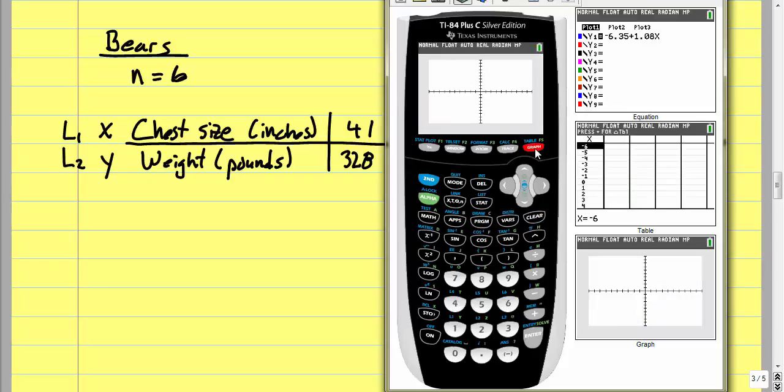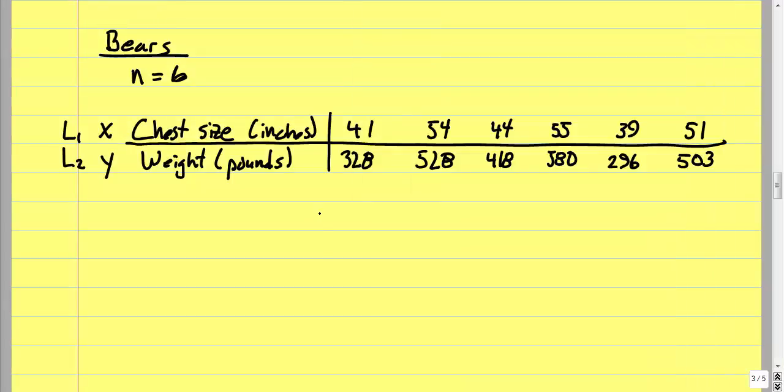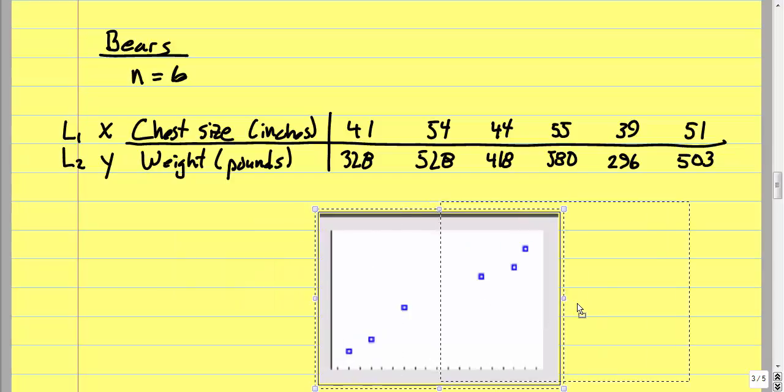Let's graph again. Now if you notice, nothing is showing up here. So we want to go to zoom, and we want to look for zoom stat. So zoom stat, and this is what it's giving me for a scatter plot. And basically what the zoom stat does is it goes and finds the data for you on the screen. This does look very linear. So to get started, it seems like looking for a linear relationship or a linear correlation between these two random variables is appropriate.